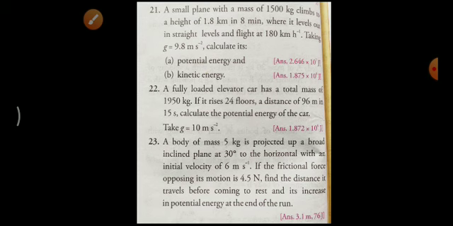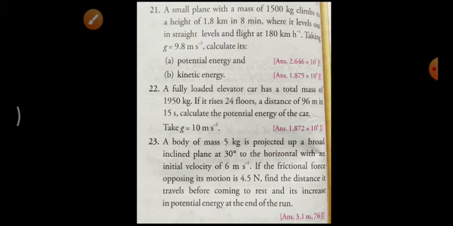After finding that acceleration, we can use the equation of motion, v square is equal to u square plus 2as, to calculate the displacement. That is minus 3 meter it will come. It is given here as 3.1 meter, but minus 3 meter it will come.